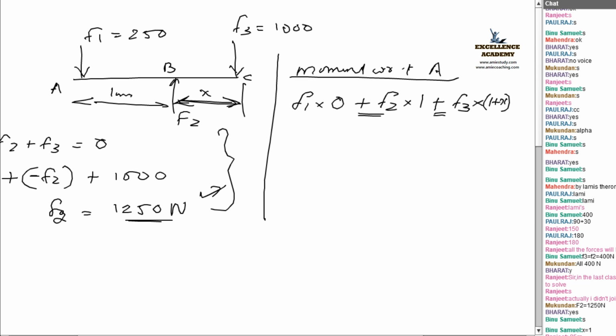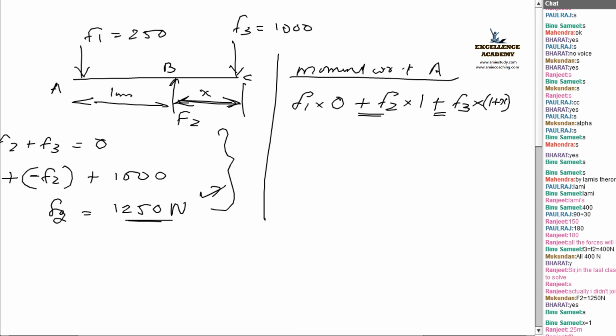If I take this as positive, you have to take this as negative, or if you take this one as negative, you have to take this one as positive. Why? Because with respect to this point, F2 is acting in the anti-clockwise direction and F3 is acting in the clockwise direction. So we can put the anti-clockwise moment as negative, that means F2 is taken as negative.